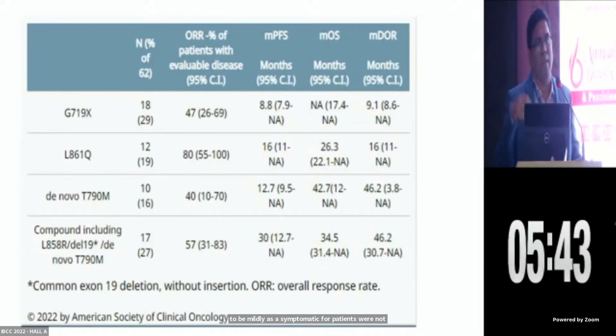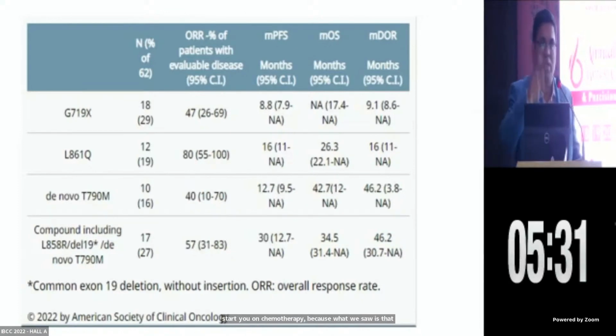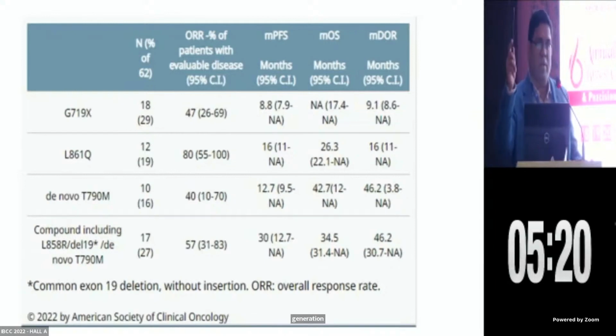Now we actually tell them before starting that you are going to progress at some point and we need to start you on chemotherapy. Because what we saw is that this patient group, when we sent them home and they came back after 2 months, were in a very poor general condition and had progressed extensively, and we couldn't give anything. That is why, if you see quite a few first generation TKI trials, the PFS is higher with TKI, but the OS is on a slightly lower side.